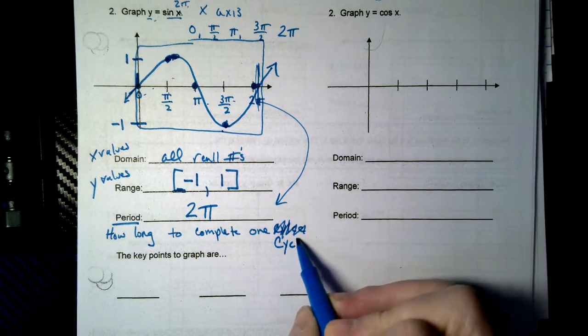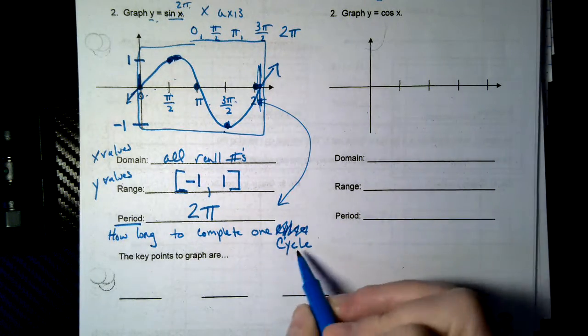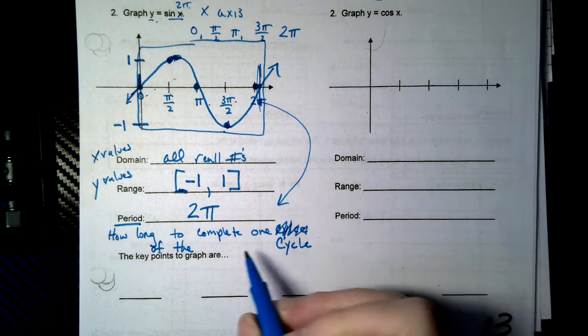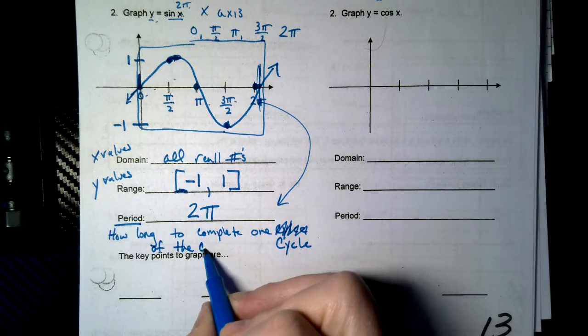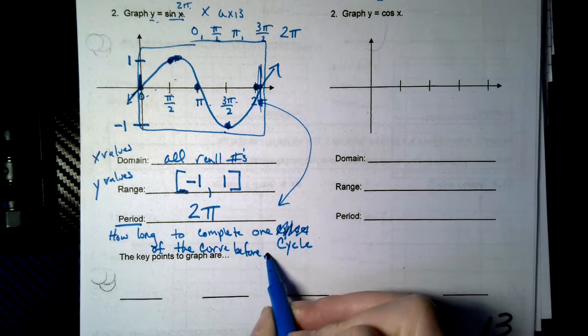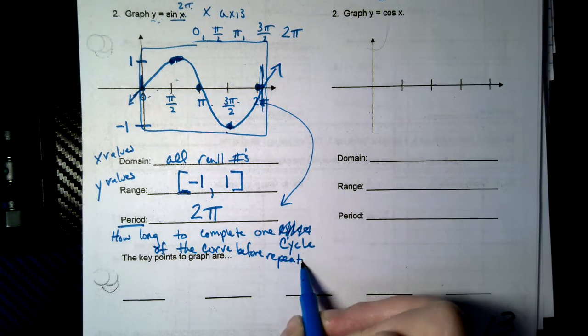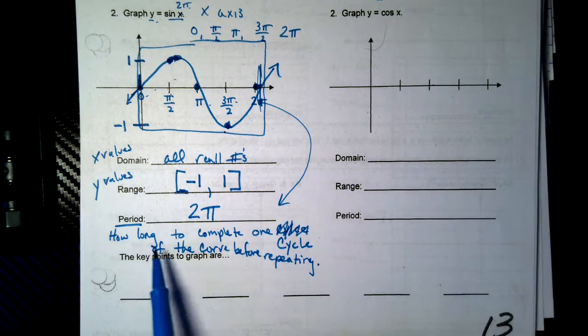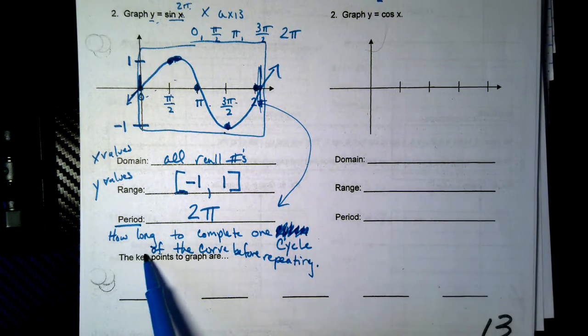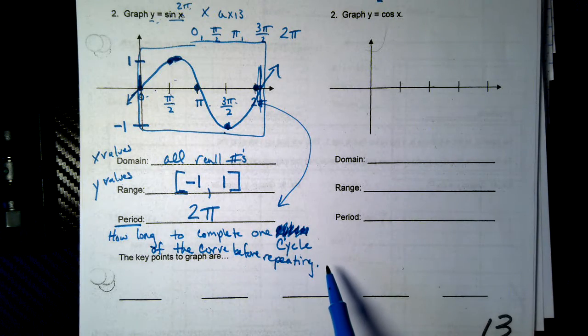One cycle of the graph or of the curve before repeating itself. All right. How long to complete one cycle? Sorry, I misspelled cycle. One cycle of the curve before it starts repeating itself.